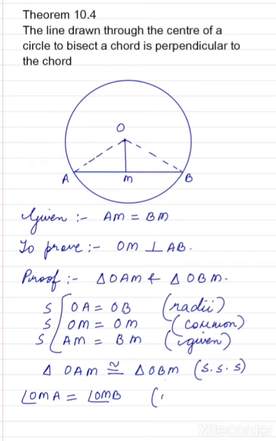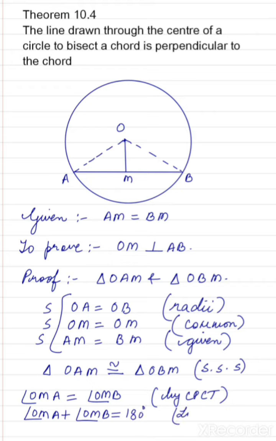Therefore, by CPCT we may write angle OMA is equal to angle OMB. And since they are forming a linear pair, their sum will be equal to 180 degrees. So we write angle OMA plus angle OMB is equal to 180 degrees. Why?